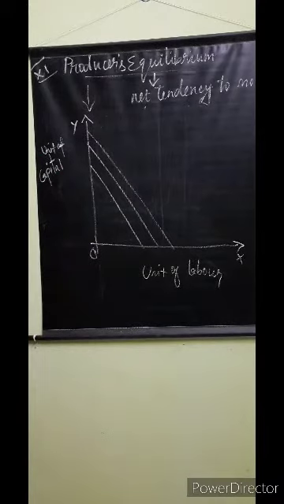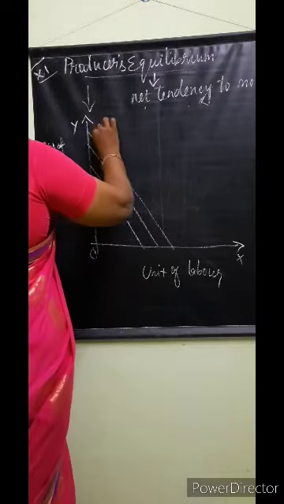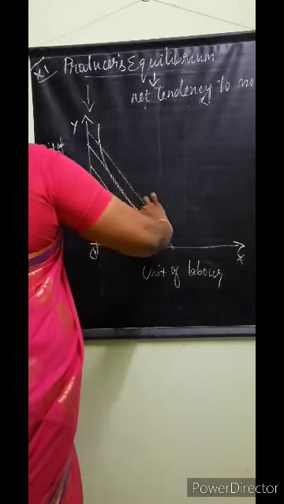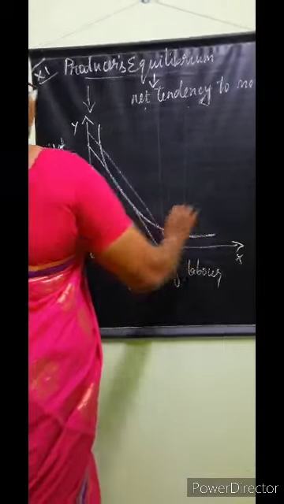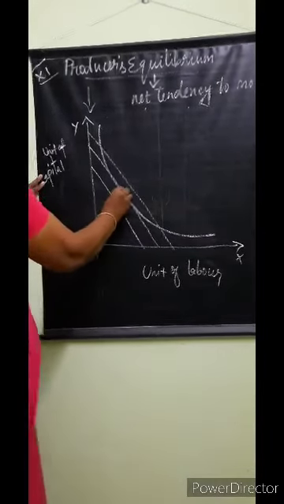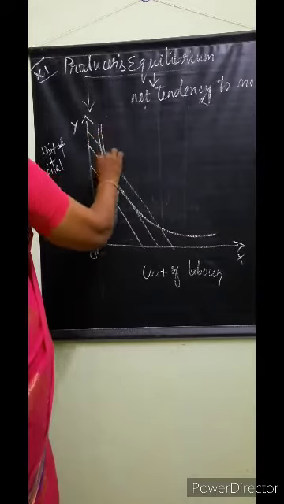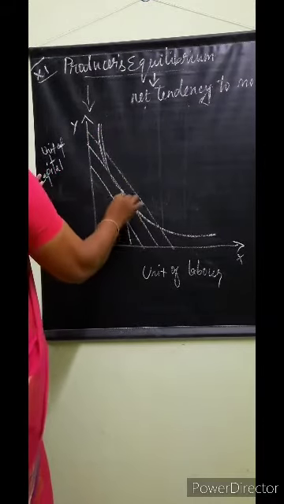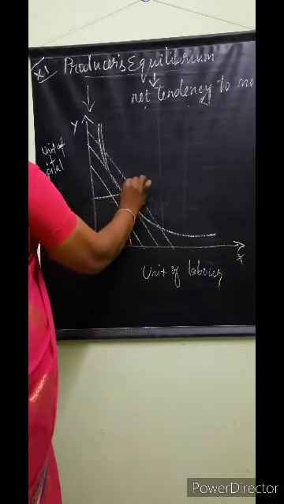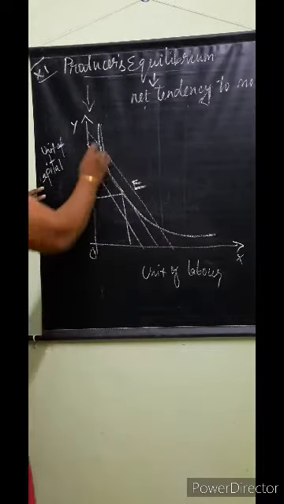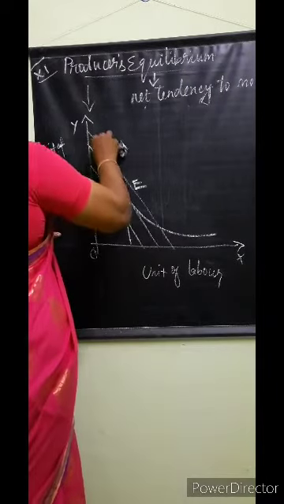Isoquant tangent curve. I already told you it is always so, the point where they are meeting, this is equilibrium. Here also they are meeting one time, isn't it?